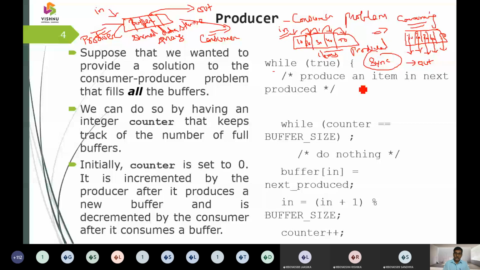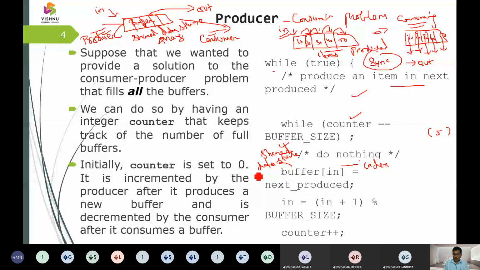Here you can see the pseudocode. The producer produces an item. It has a counter value and takes up a buffer size, which in this problem is 5 elements. In is the index, and buffer is a shared data structure, or shared variable.